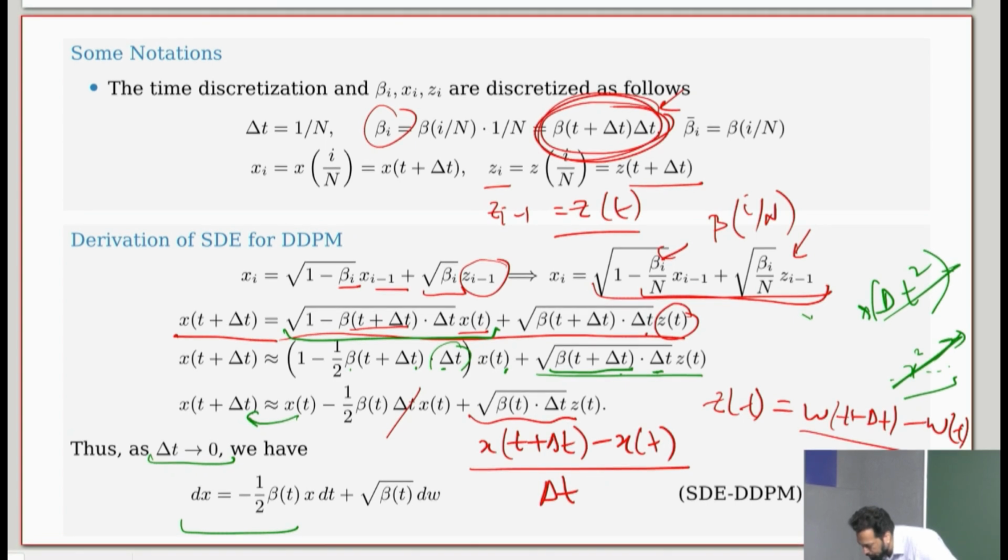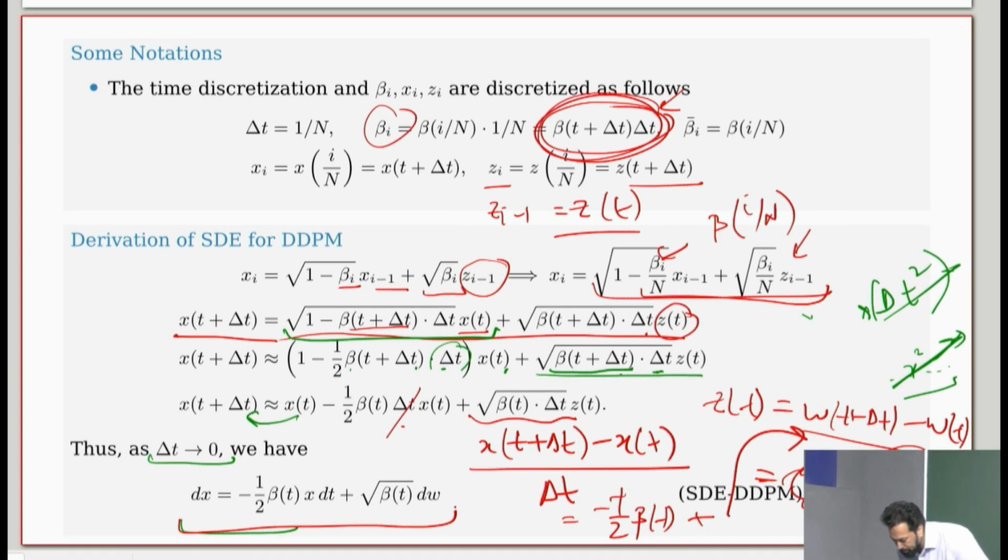So that works out. This will be dw by dt, because we divide by delta t on both sides. This is our left hand side, and this is our minus half beta t, where delta t went away, plus this guy here, which is the difference of w, and this came after we divided by delta t. So all this comes out to be like this.